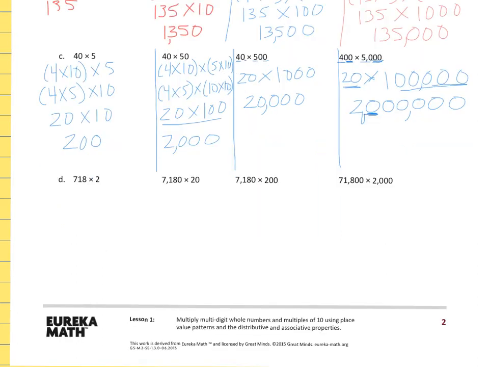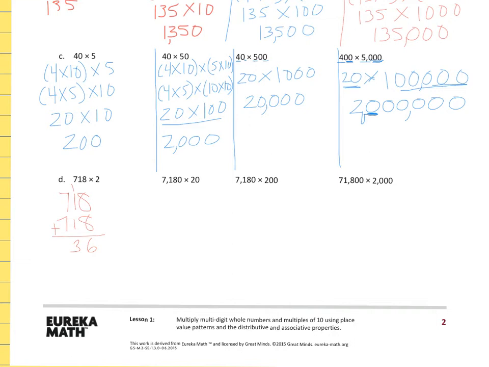And let's do D. Let's go ahead and figure out what is 718 multiplied by 2. So you can either multiply it by 2, or you can just add it twice. That's the same thing. So I'm going to add it twice. You might add it twice, or multiply it by 2. So make sure you show your work. 8 plus 8 is 16. 1 plus 1 plus 1 is 3.